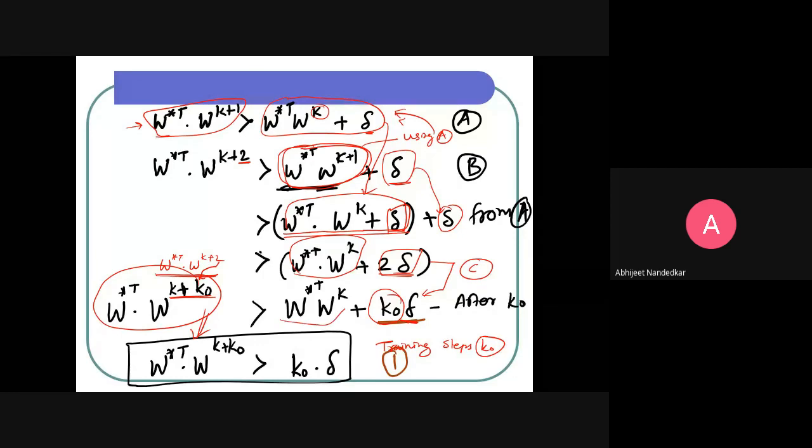Now I am skipping this term. Since this K0 is a big number, I can drop this small quantity, and dropping this will result again in an inequality, and this will be greater than K0 delta. So you give this as number 1.